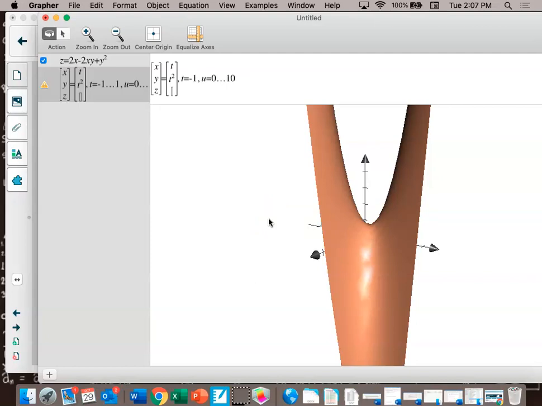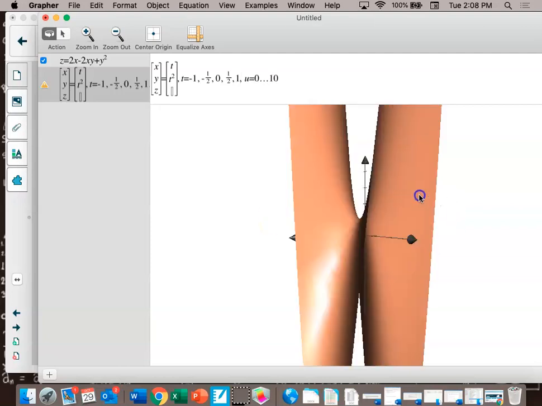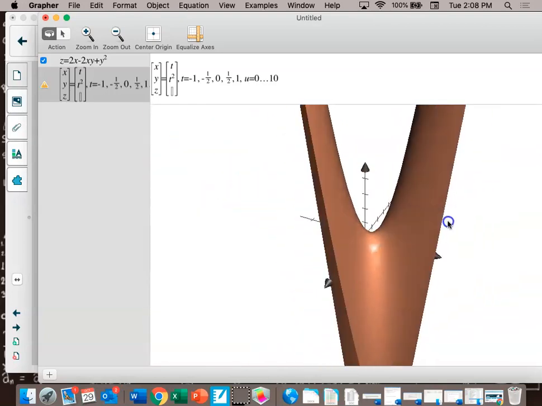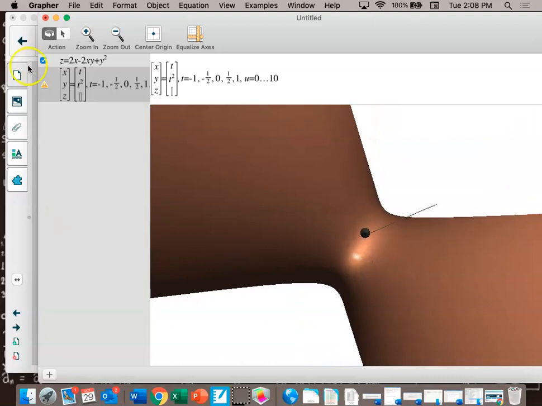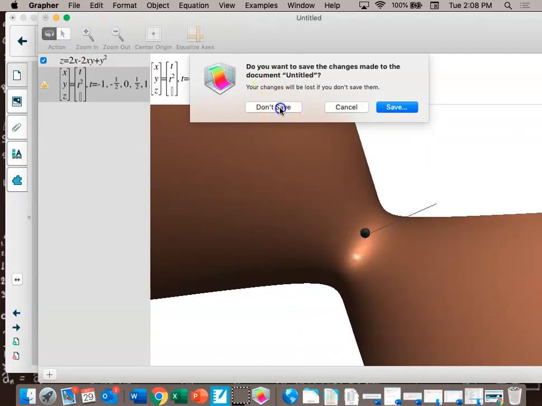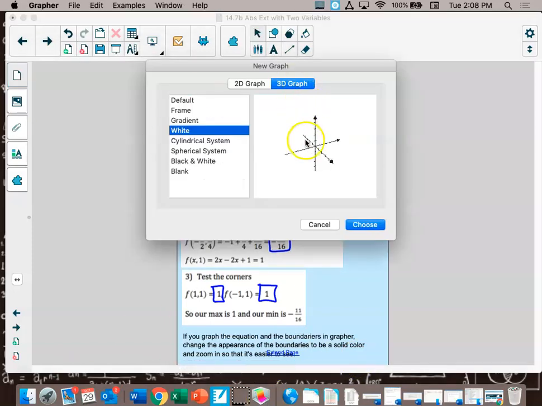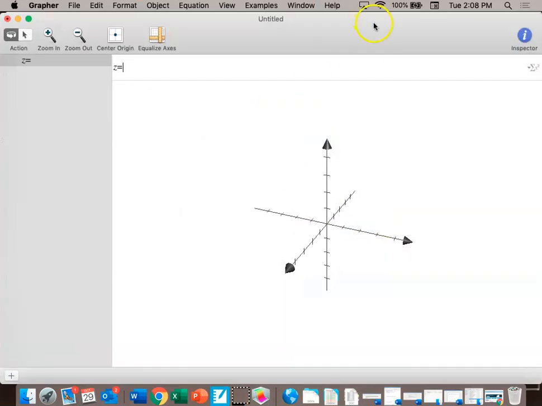I wonder if I can go like list values of t. Negative 1, negative 0. Can you see it? Did it graph? No, it's not liking it. I don't know how to do it. I'm giving up on it. I'll see if I can find a better way. Change the appearance of the boundaries to be a solid color. Oh, you know what? If I just graphed them regular, I wonder if it would work nicely. One more time, and then we're going to move on to another problem.